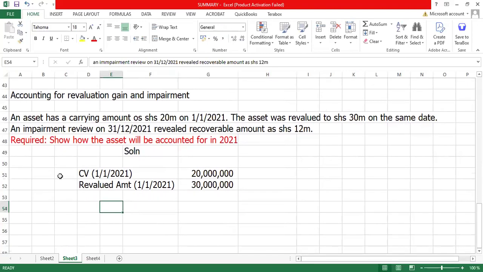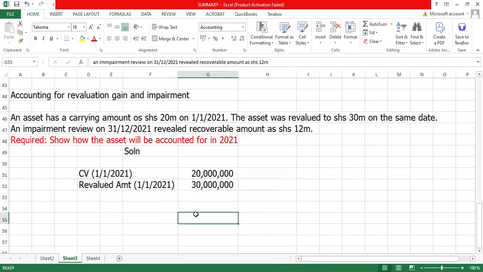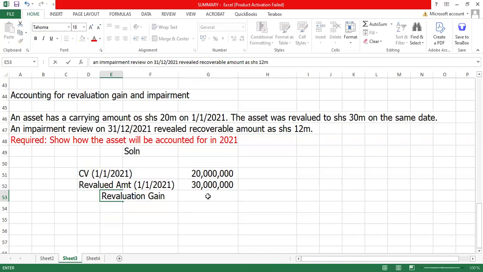Now, in a situation where you have such information, you need to test and see whether you have a revaluation gain or a loss. Do you have a revaluation gain or revaluation loss here? This is a revaluation gain of 10 million.